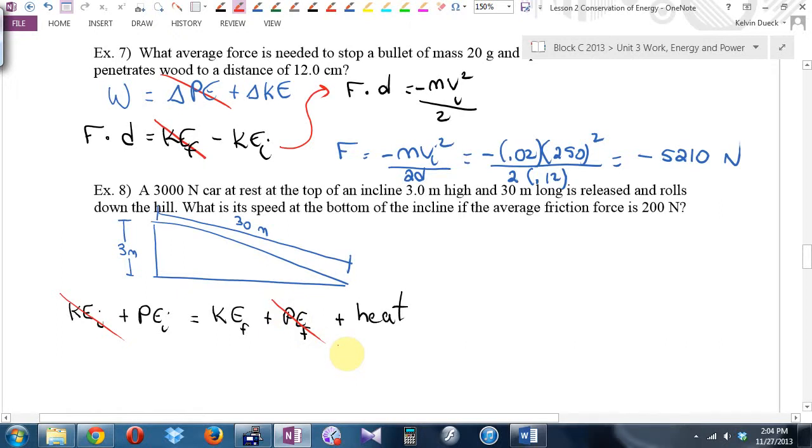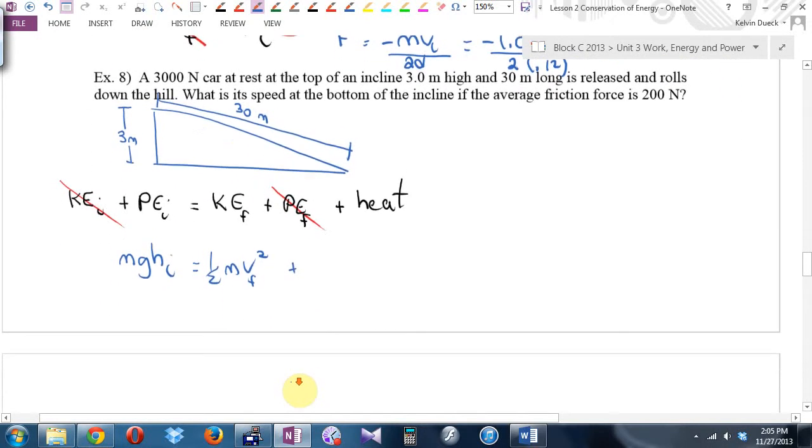So I'm going to get this. Potential energy due to gravity initial, mgh initial, equals a half mv final squared plus, but I'm not going to write the word heat. I'm going to be even a bit more specific.